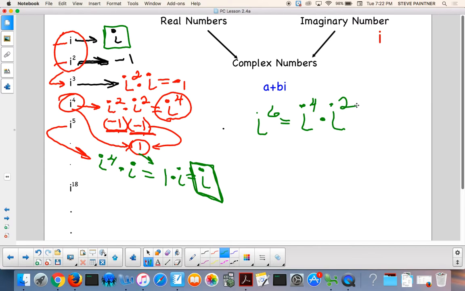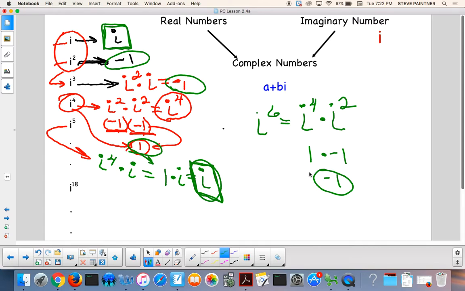So we get i to the fourth, 1, times i to the second, -1, which makes -1. Notice how we keep repeating. i to the first is i, i to the second is -1, i to the third is -i, i to the fourth is 1. Right after that, we're repeating. It's back to i for i to the fifth. Then i to the sixth is -1.